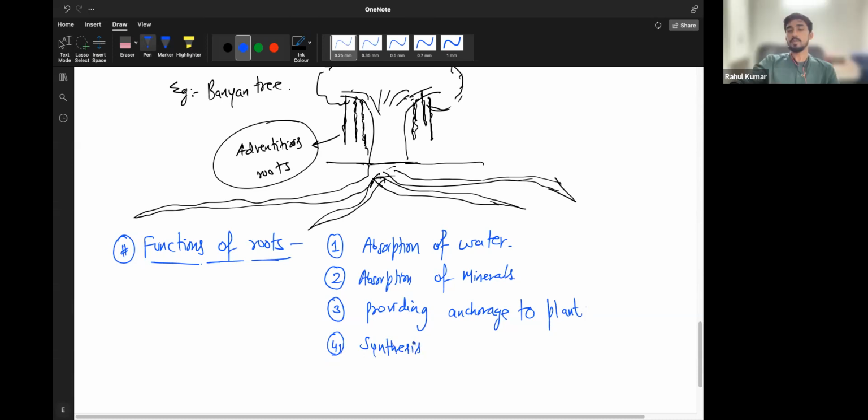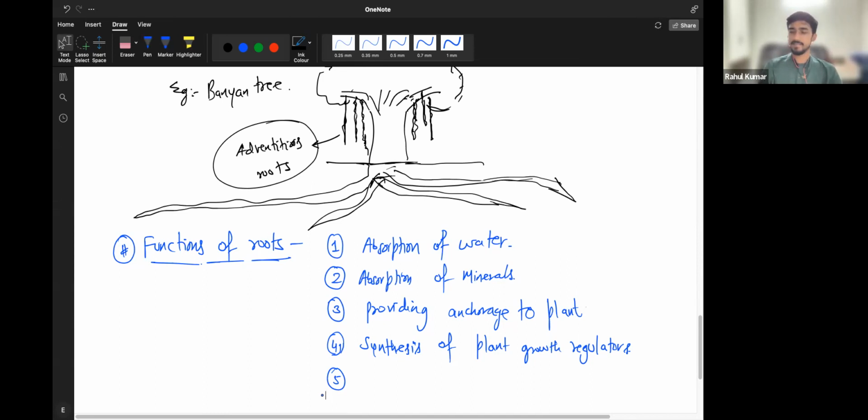Even if you did not mean this, now you'll say, yes, I was saying this only. But I know that you are saying this only. Don't worry. Synthesis of plant growth regulators. So roots synthesize some plant growth regulator hormones. What else? Any other function? Or have we covered all?